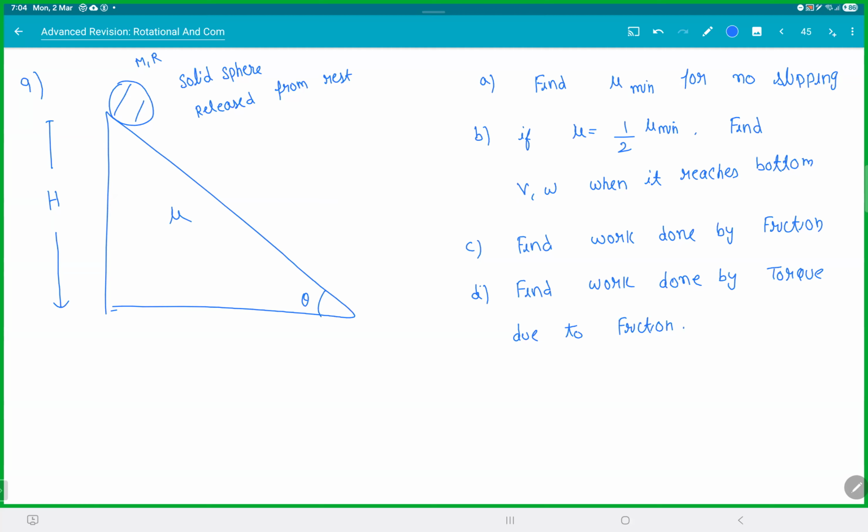If you're slipping, then how do you handle it? Let's see the first part. You should have got the mu minimum and the V and omega by now.